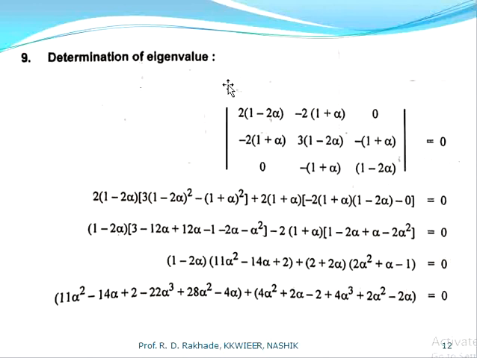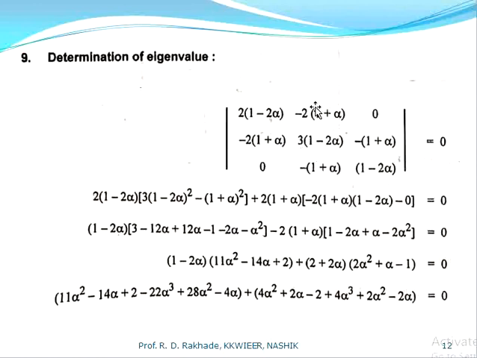I will not explain how to determine the determinant, you know that very well. First term multiplication, difference between the first product and second product, then the same with this value multiplied by the product of these two terms minus these two, and lastly the third, 0 into the product of these two terms minus the product of these two terms.